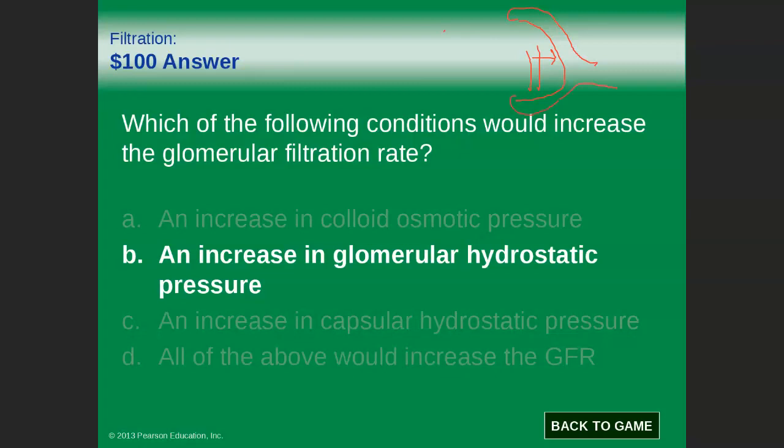Here's your capillary. Your GHP goes in the forward direction. Your colloid osmotic pressure, COP, goes in the opposite direction, back toward the capillary. Your capsular hydrostatic pressure also forces it in the opposite direction, toward the capillary. The only one that goes in the forward direction is your GHP.